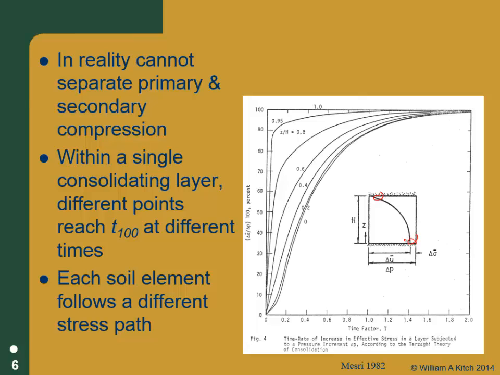So even if secondary consolidation started after primary in the field, you're going to have different levels of secondary consolidation throughout the whole layer, because every part of the layer is going to take longer to get through primary consolidation because of the drainage conditions. So each soil element is going to follow a different time stress path, if you want to think about it. So there's really no way to separate these two.